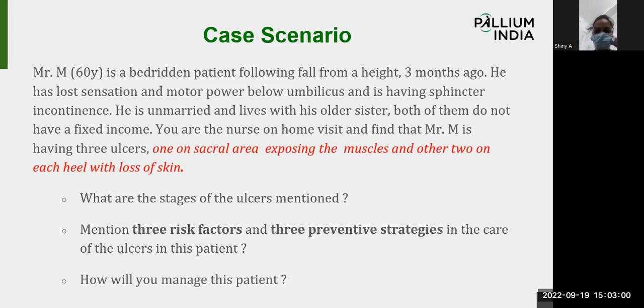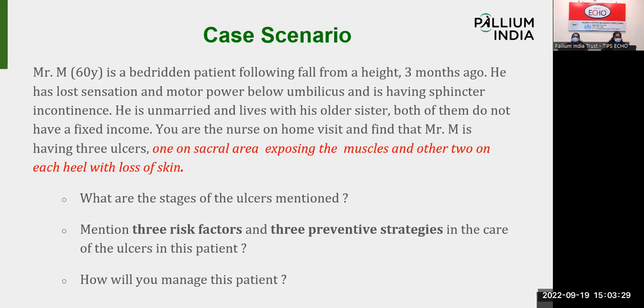You are the nurse on home visit and find that Mr. M is having 3 ulcers, one on the sacral area exposing the muscles and the other 2 on each heel with loss of skin. What are the stages of the ulcers mentioned? Mention 3 risk factors and 3 preventive strategies in the care of the ulcer in this patient. How will you manage this patient?